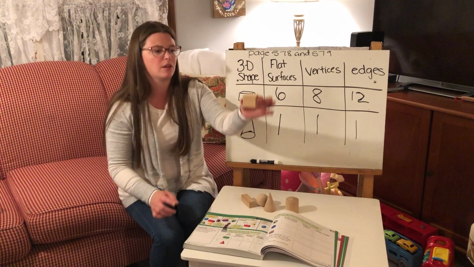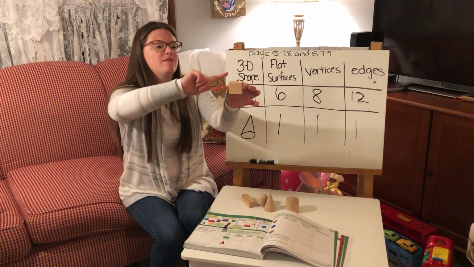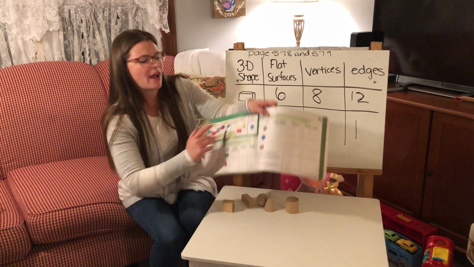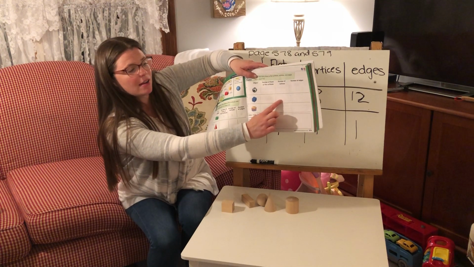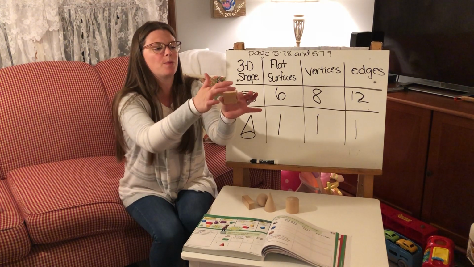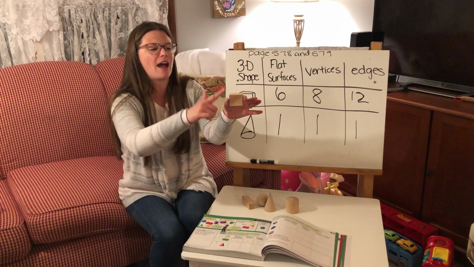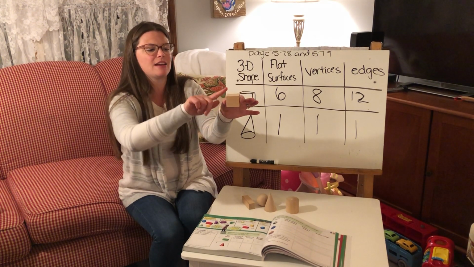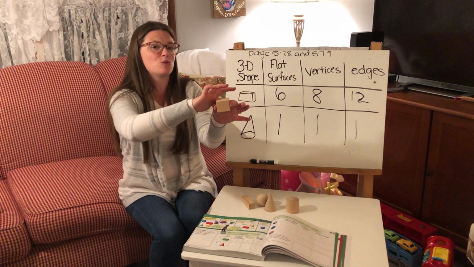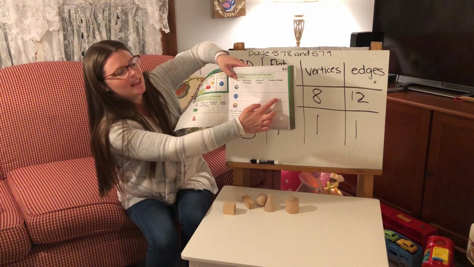Here we go. 1, 2, 3, 4, 5, 6, 7, 8. So go ahead and put 8 in that box. And the last one is edges. 1, 2, 3, 4, 5, 6, 7, 8, 9, 10, 11, 12. So there are 12. You can go ahead and write that in there.